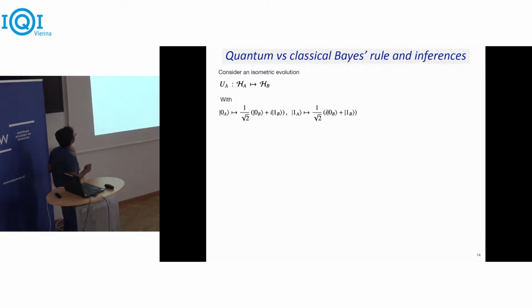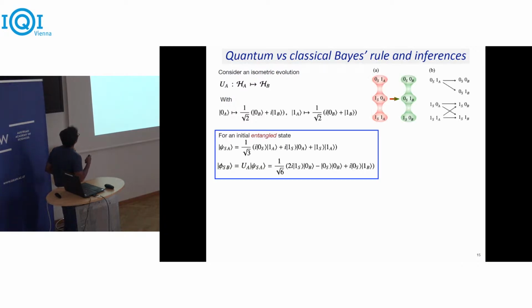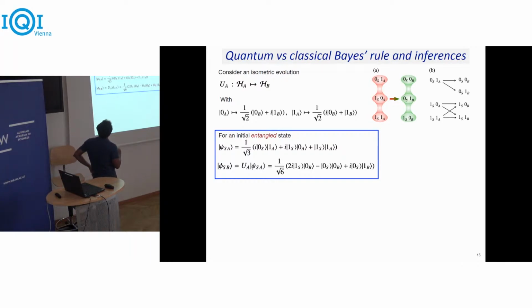So this is what you have. And now, unlike previously, where I was considering an uncorrelated state to start with, I will start with an entangled state, okay? My initial state is essentially this one. Now I will apply my local unitary here, and the final state can again be written down in this form after a little bit of rearrangement.